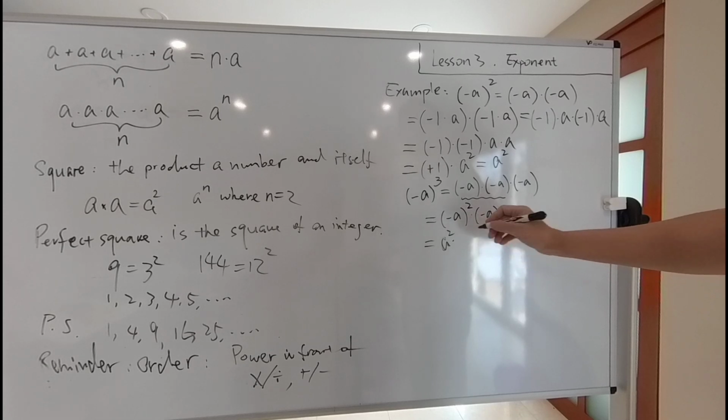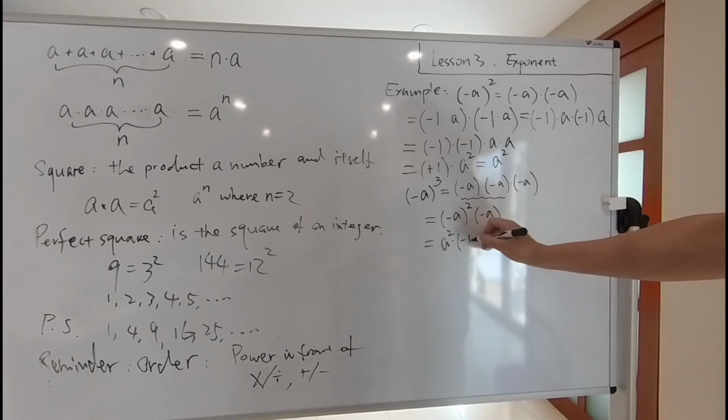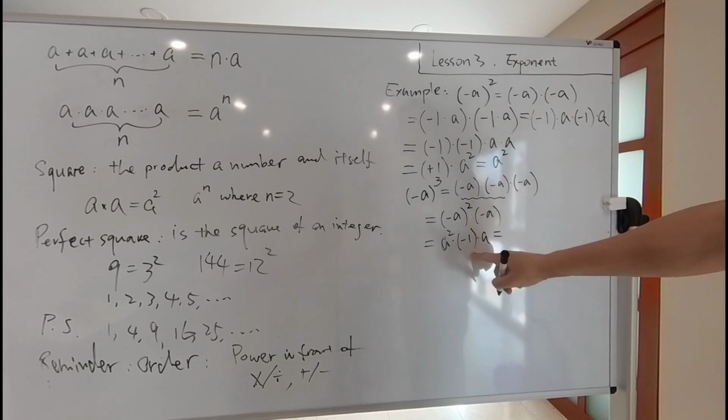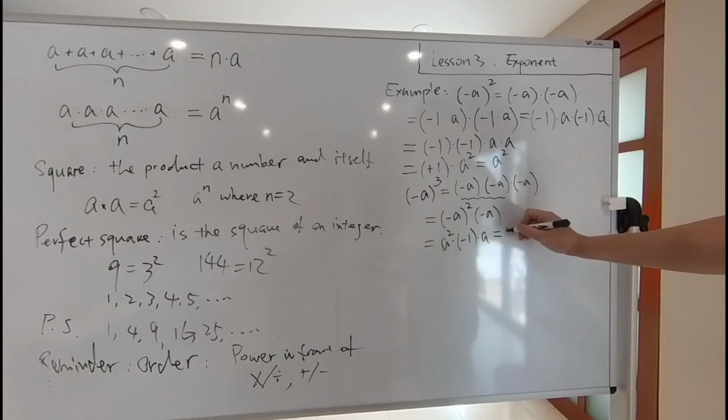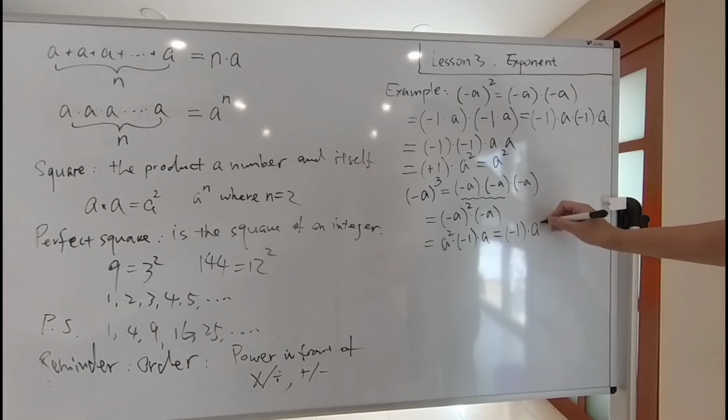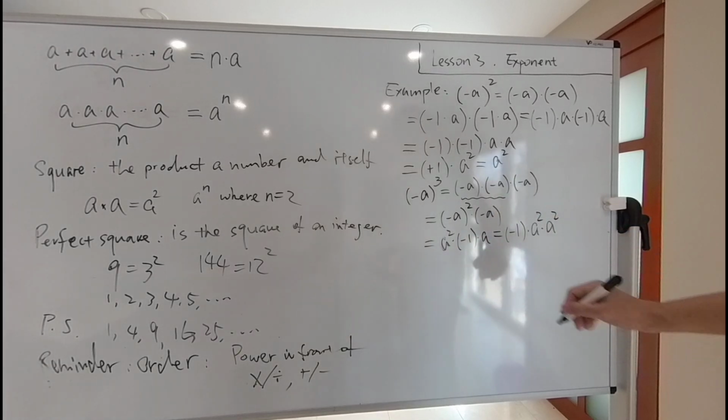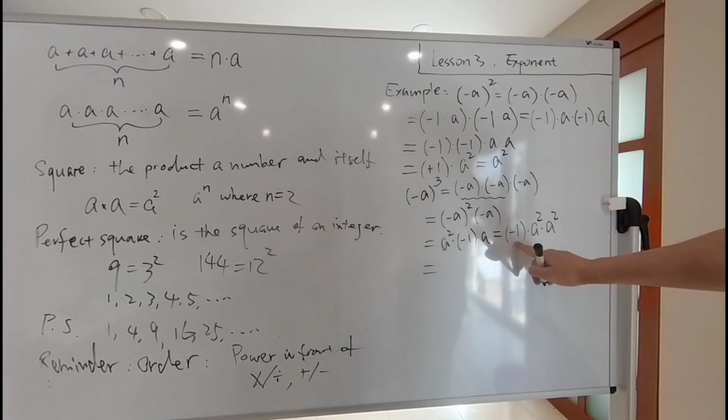And then here, similarly, let's write it apart into minus 1 times a. And then again, this is commutative, so I can write the minus 1 in the front, and then have a square, have a here. And then it's just minus 1, right?